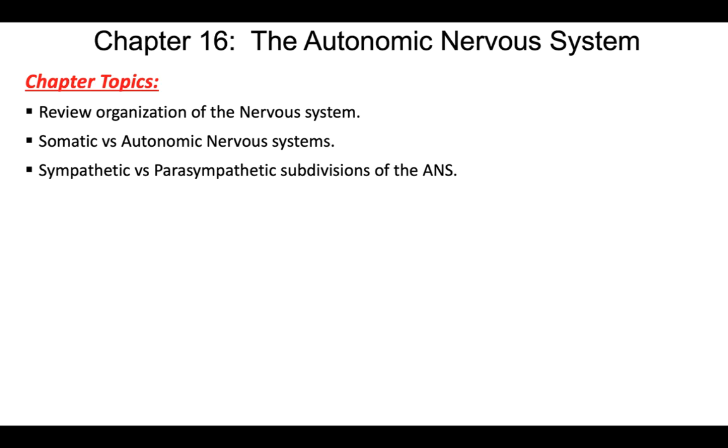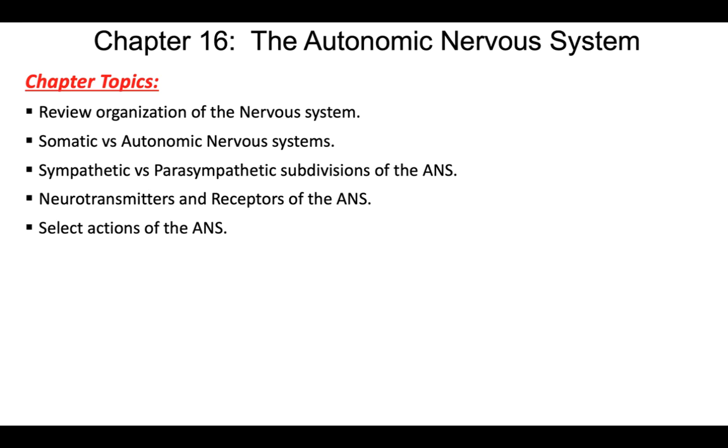during that activity. We're going to look at the neurotransmitters that are used and the receptors that are required to detect those neurotransmitters. The very end of the chapter goes over select actions of the autonomic nervous system.